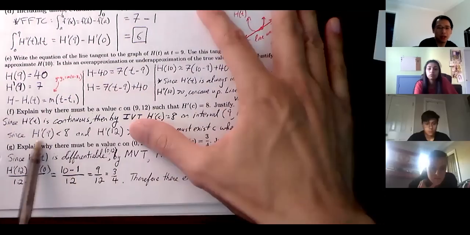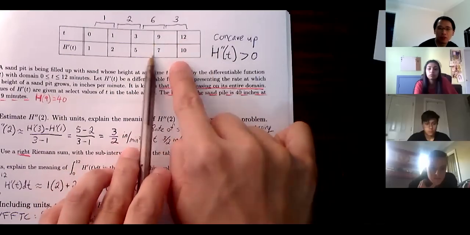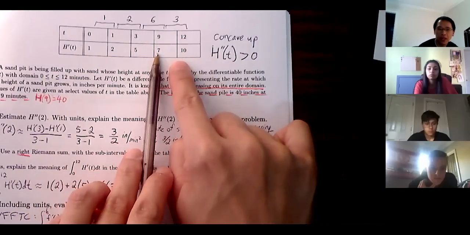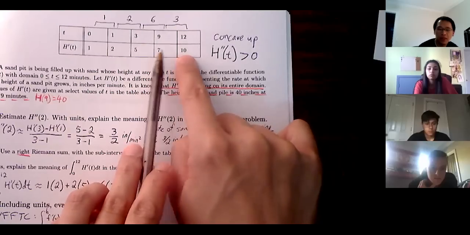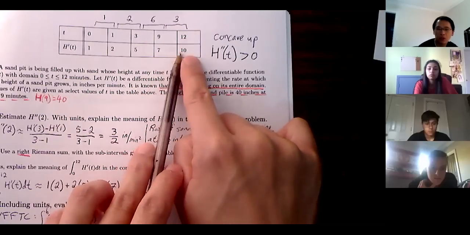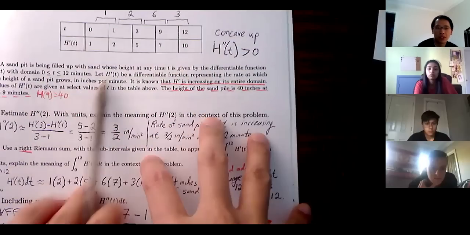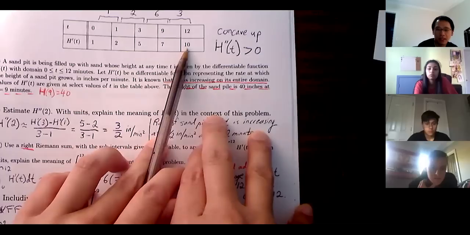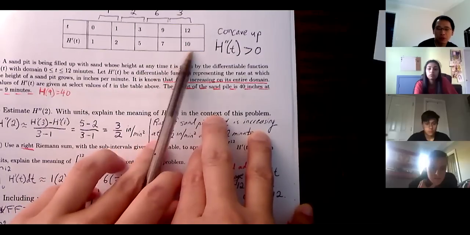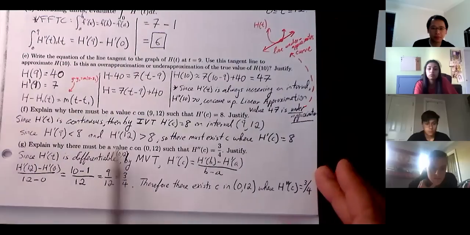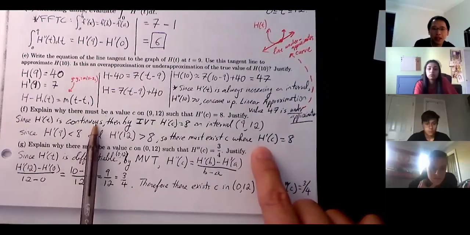So because we're looking at the interval from 9 to 12, and we're starting at H prime is 7 to H prime of t equals 10, then it has to cross through 8 at least once, right? Maybe multiple times, but because it's continuous, it has to cross through. So we can say, well, 7 is less than 8 and 10 is greater than 8. So between those 2 points, it has to cross through 8. Okay, so that's an application of IVT.